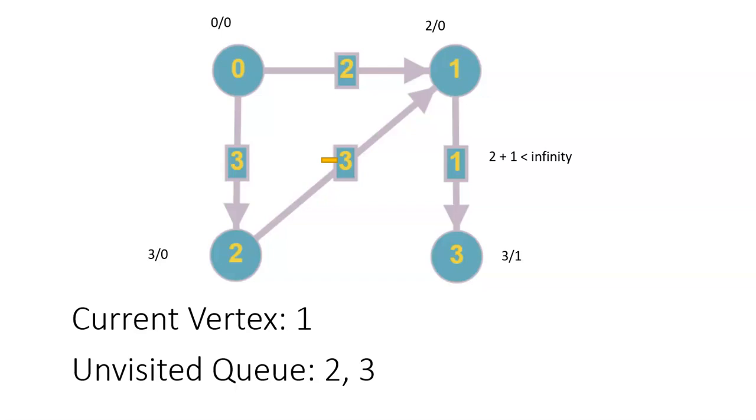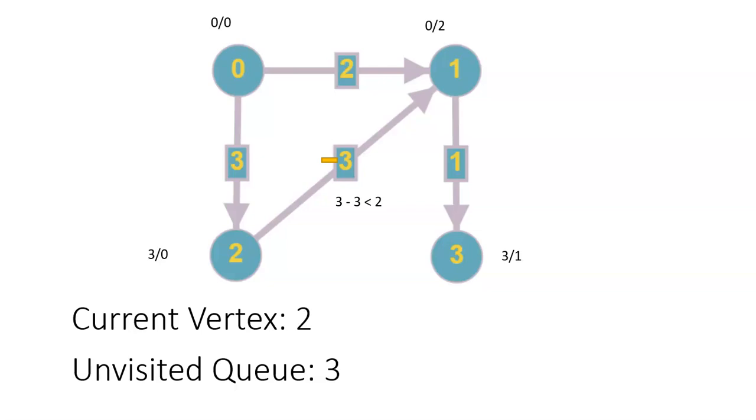Moving on to the next vertex of the queue, vertex 1 has an adjacent vertex of 3. We take the distance, which is 2 plus 1, which is equal to 3, which is also less than infinity. So vertex 3 has a distance of 3 and a predecessor of 1. We now move on to vertex 2.